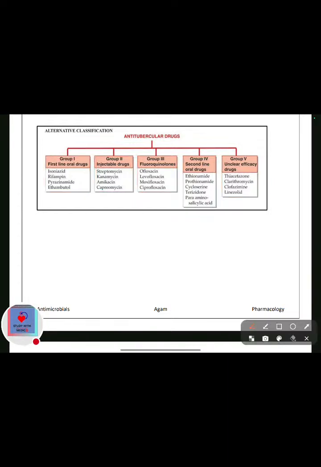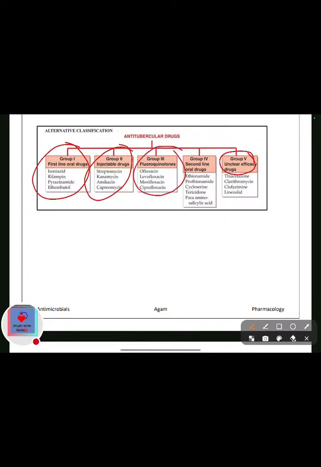Talking about an alternative classification, the drugs are divided into five classes. First you have the first line oral drugs. Second you have injectables. Streptomycin was first included in the first line drugs, but it is not taken orally; it is given by IM injection, so it is included in injectable drugs.